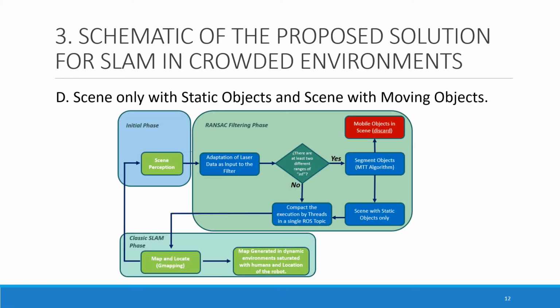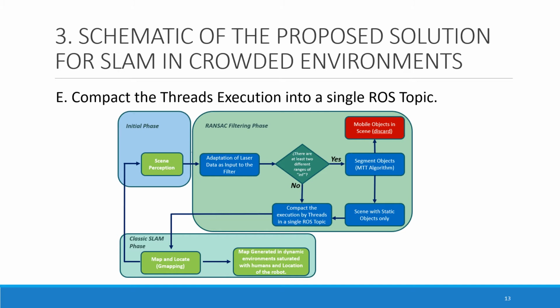The scene module with only static objects receives the RANSAC filter output data vector, which is basically the filtered data, while the scene module with moving objects only receives the data that will be discarded, since it is not necessary to be included in the environment mapping. Therefore, only the filtered data contained in the scene only with static objects module are published as data to be used later.